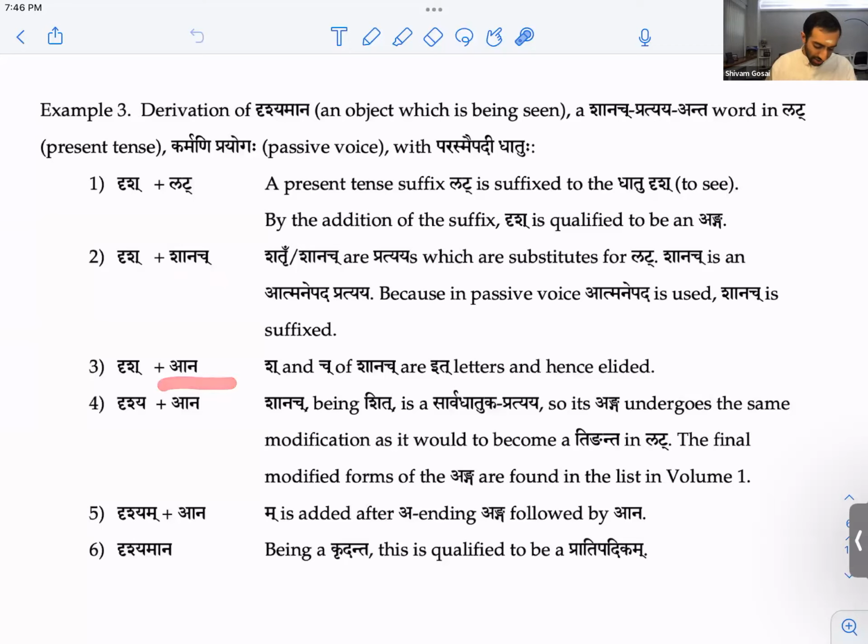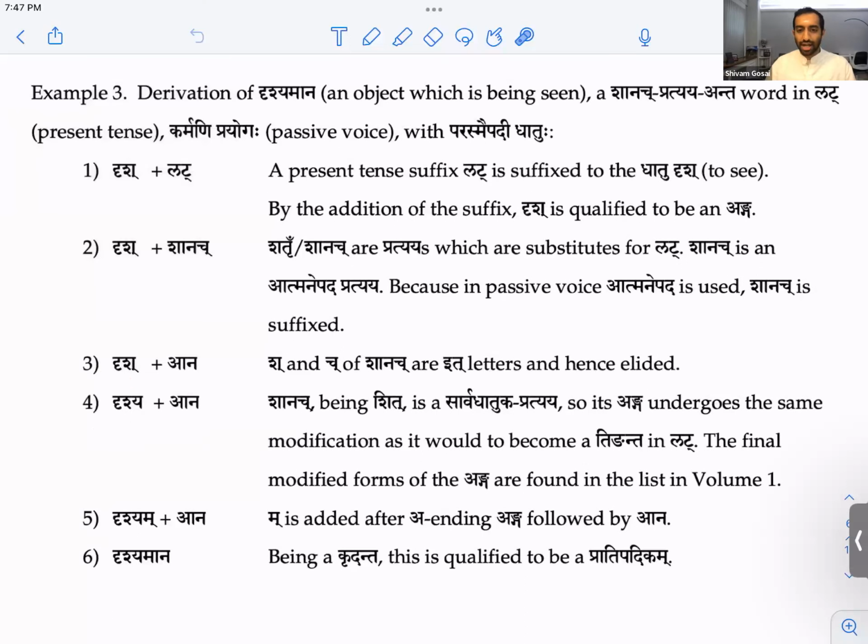So we're left with ana. Now, because we're in Karmani Prayoga, we add yakara, just like when we make the verb Drishyate. So Drish becomes Drishya, and then plus ana. Drishya plus ana.